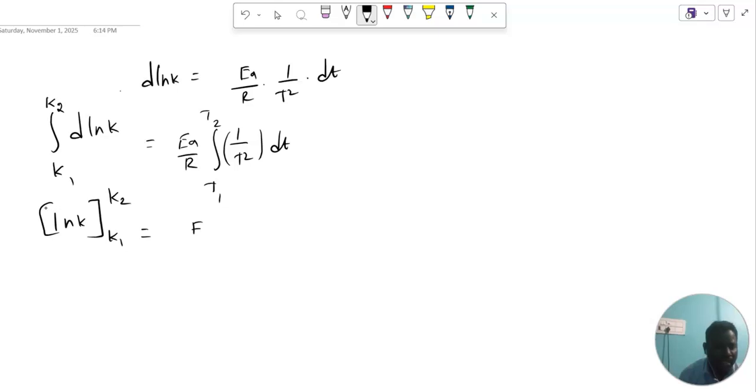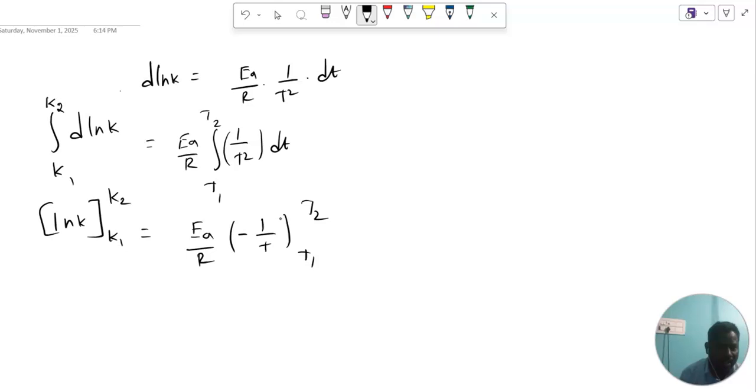And if you integrate this side, EA by R, minus it will come outside, 1 by T. Wait a minute, I will explain. If you integrate this, you will get minus 1 by T. So we have limit T1 to T2.